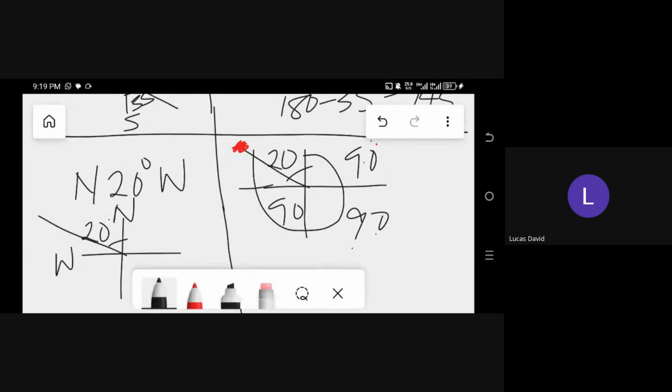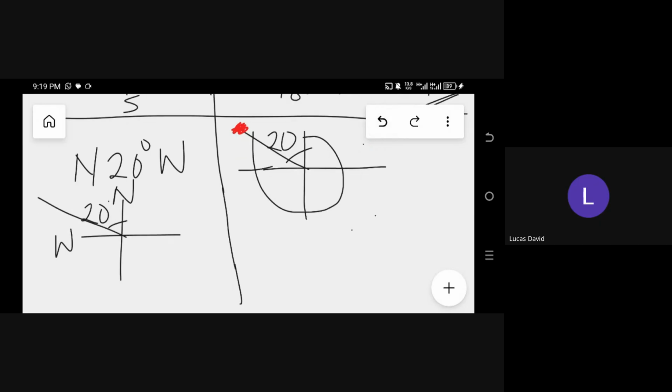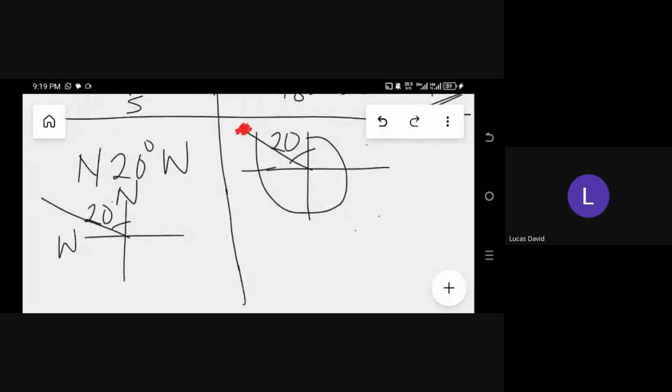So I now have a total of 270 by the time I stop in my third quadrant. But then you know that you have to follow that line until the red part before you stop.